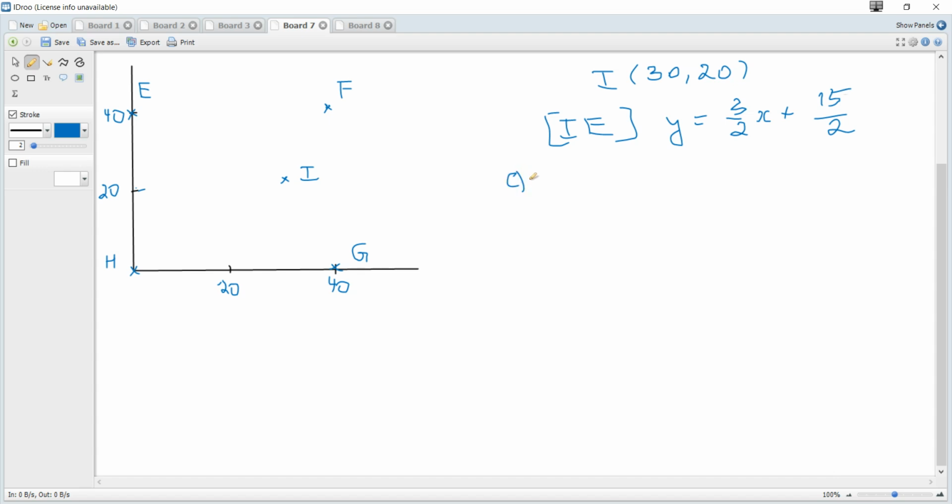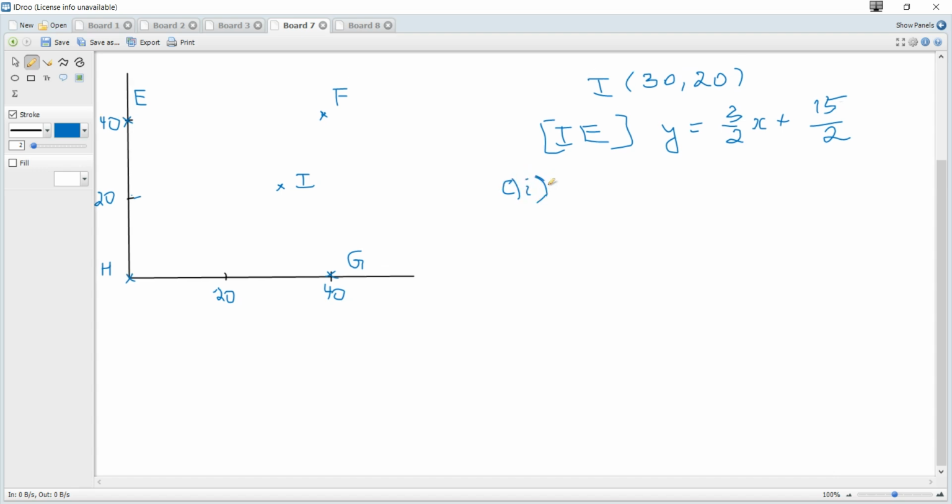And question C(i): find the equation of the perpendicular bisector of IF, this line. Since it is perpendicular to the line through IF, and if we know the gradient of IF, our gradient becomes the negative reciprocal.